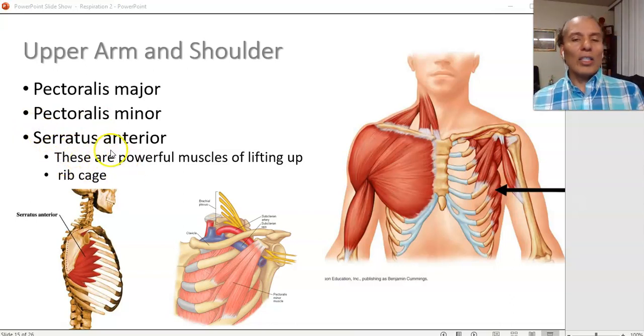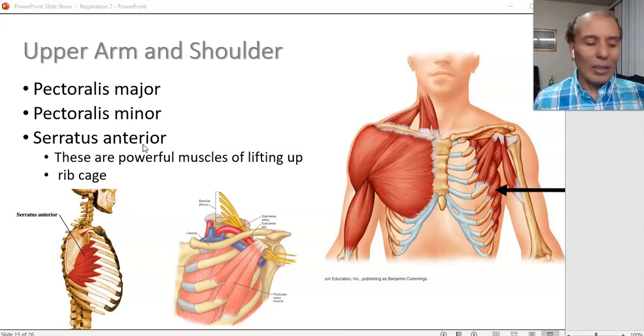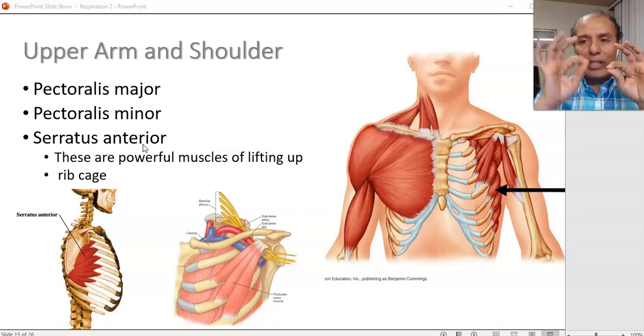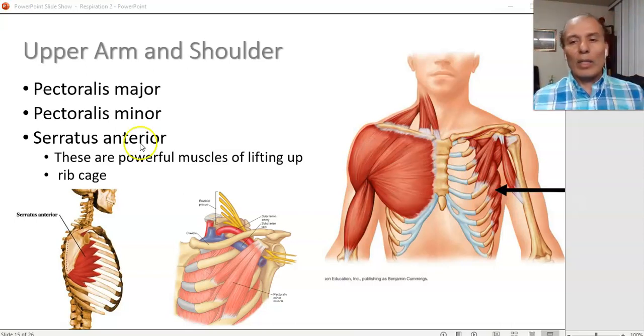So the serratus anterior, serratus, there's a word that has to do with it that we use daily. When you buy silver foil, there's an edge. We call it serrated edge. Serratus means saw. Serrated means it has teeth like a saw.